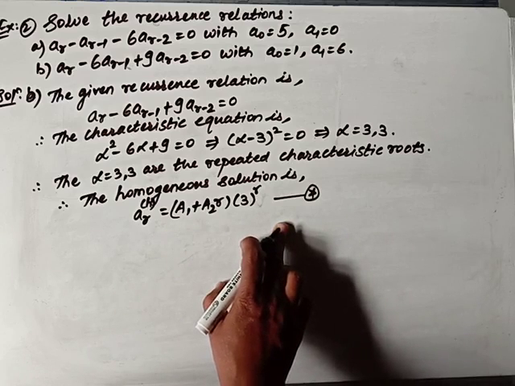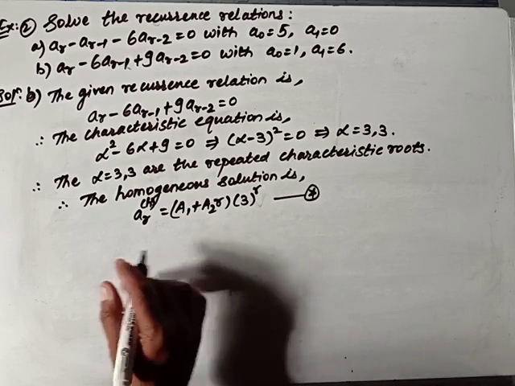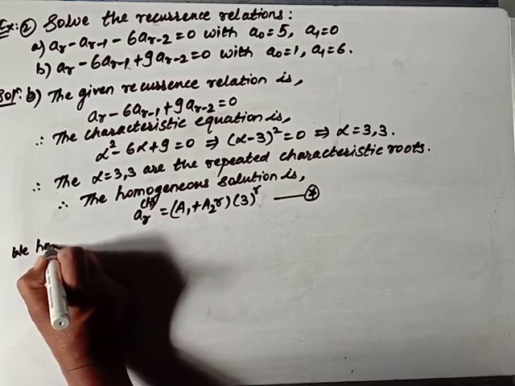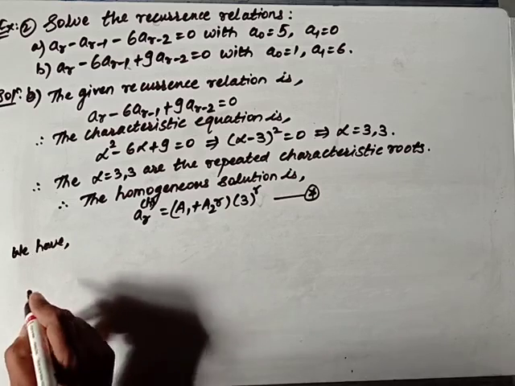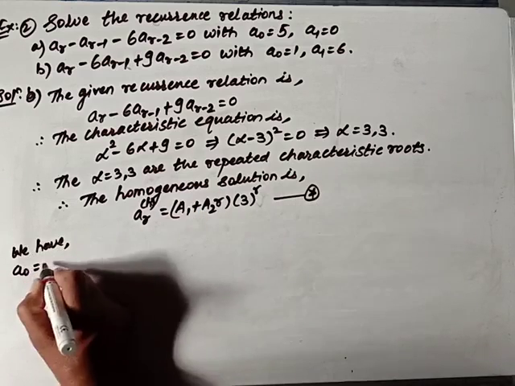Now let us see how to find these A1, A2 using initial conditions. So we have a0 is equal to 1.